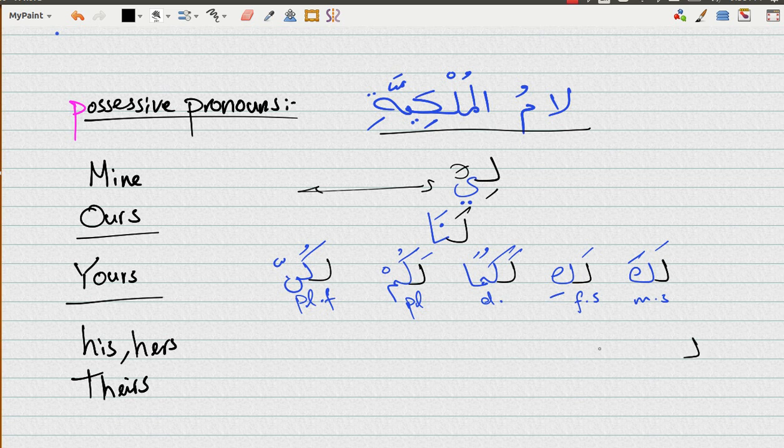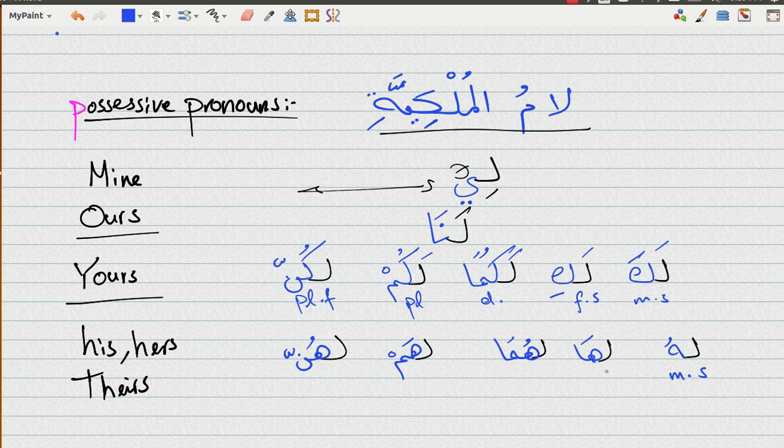Again, same for the third person pronouns. له, لها, لهما, لهم, لهن. له for him or his.